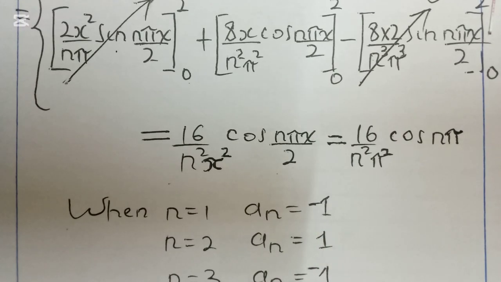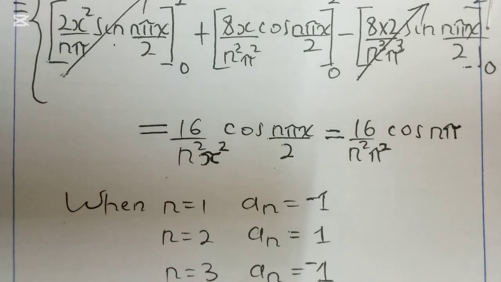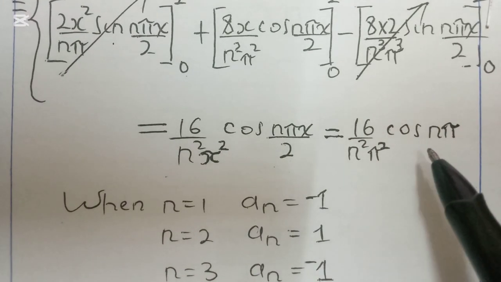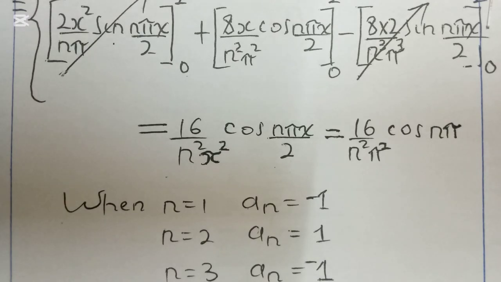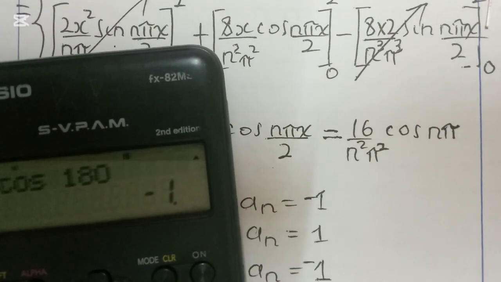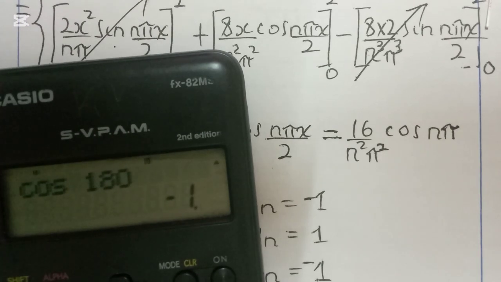And so you are going to have something like that. So when we put a 1 here, we will get cos 180. Let's see what we get from cos 180. Actually, I've already done it, it is negative 1.